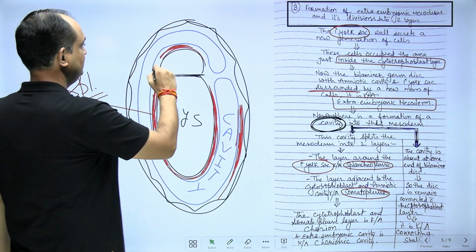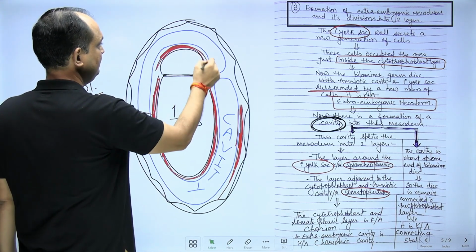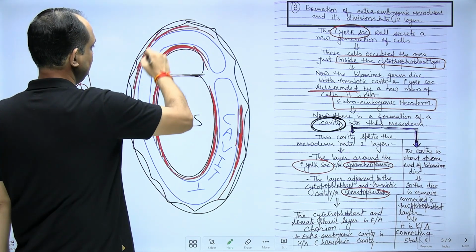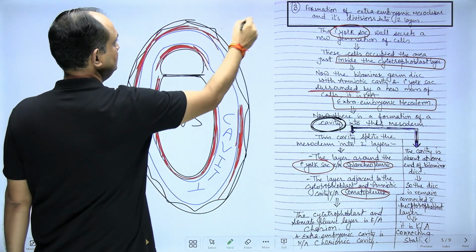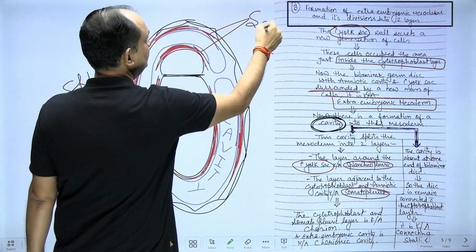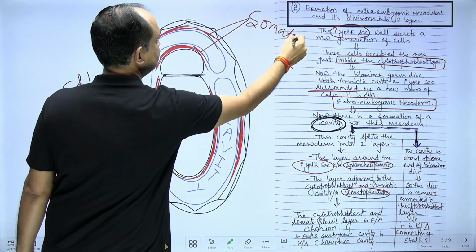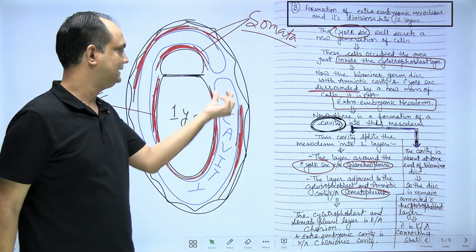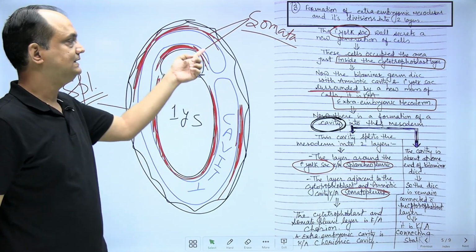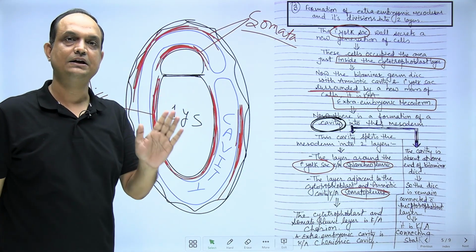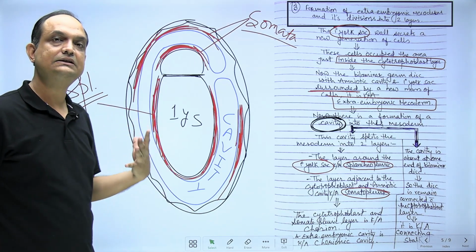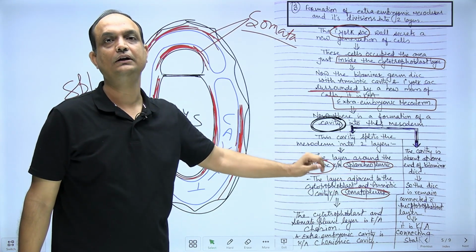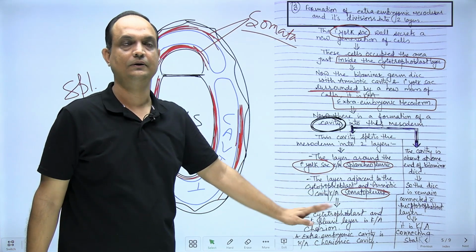While the mesoderm which is present around the amniotic cavity and just inside the cytotrophoblastic layer is known as somatopleuric extraembryonic mesoderm. Clear? So this cavity appears in the extraembryonic mesoderm and divides it into two parts. One is somatopleuric and one is splanchnopleuric.